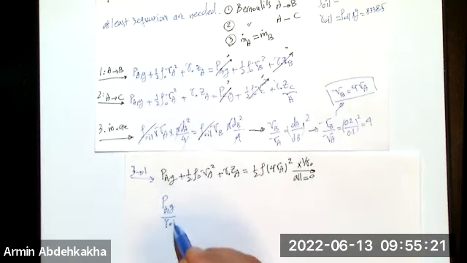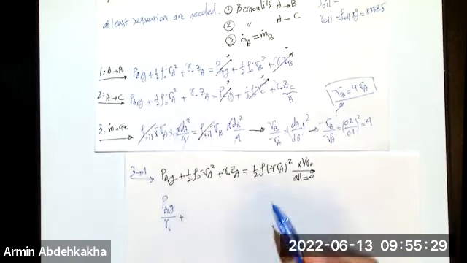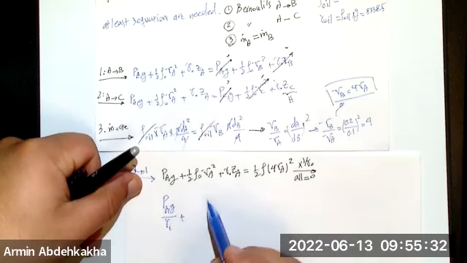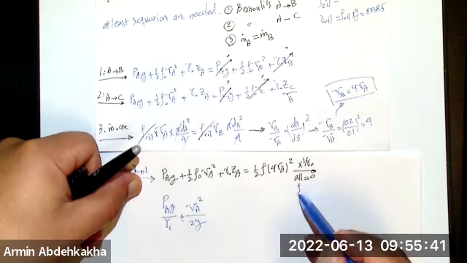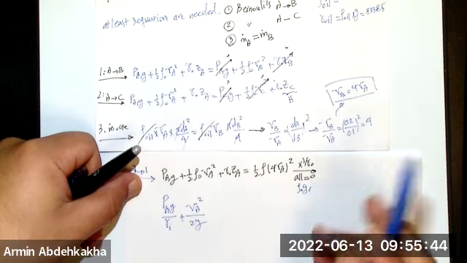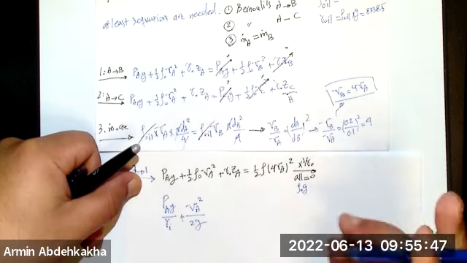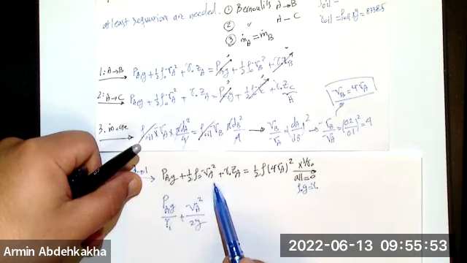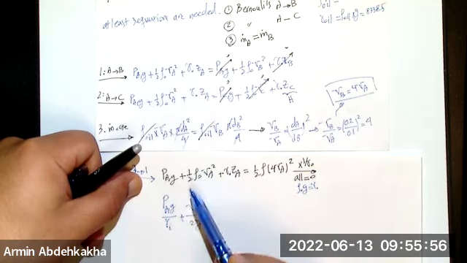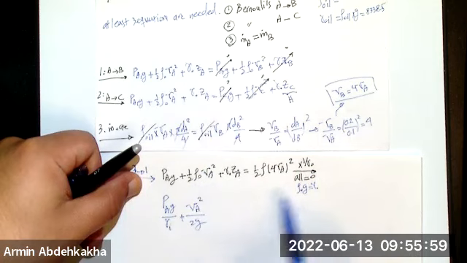P_A gauge over gamma of the oil plus V_A squared over 2g. Why? Because gamma is rho oil times g. If you put this in the denominator, the rho of the oil is cancelled out, and you have 2 and g in the denominator now. So V_A squared over 2g.